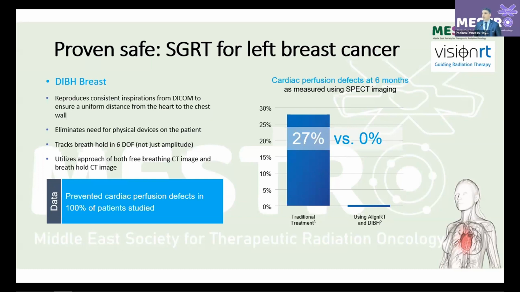They found out there was no added toxicity to the heart and cardiac perfusion that the users looked at for their cohort of the patients, meaning that with left breast radiation, Align RT-based approach for these patients, you'll be able to prevent any added toxicity and any added cardiac damage to the patient later down the line.